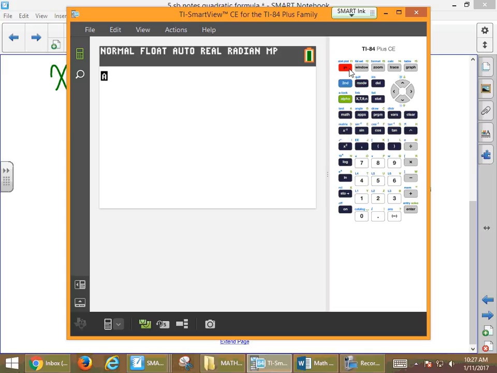If you have the fraction button, what we're going to type in is negative 7 plus the square root of 13 divided by 2. And let's round to the nearest hundredth, 2 decimal spaces. So we get negative 1.697, which is going to be negative 1.7.